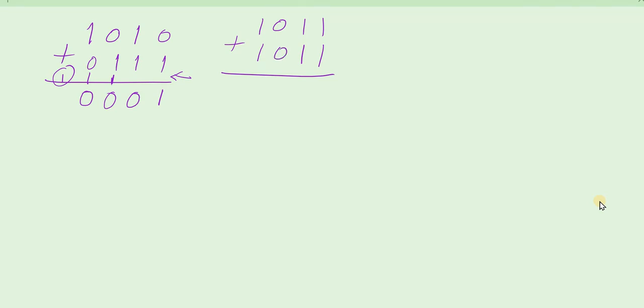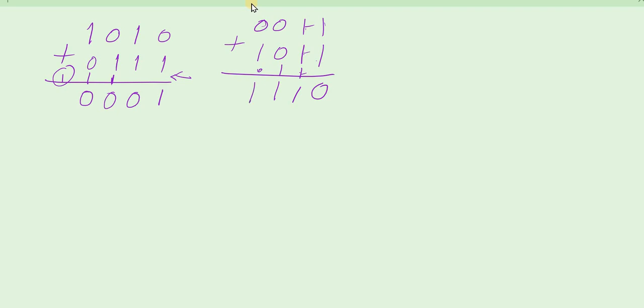Okay, this number is coming same. So suppose 001. So 1 plus 1 is 0 and carry 1. Now let us see here, this is added, this is added, this is also added. So 1 plus 1 is 10, 10 plus 1 is 11, so 11 will be added. Now here the addition will be 1 with no carry, and here the addition will be 1. So this is the method.